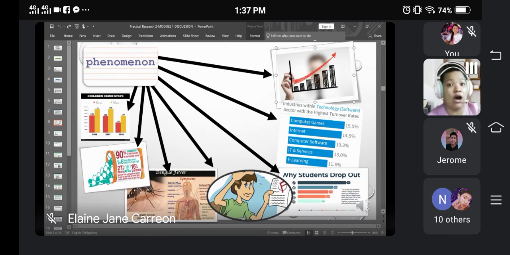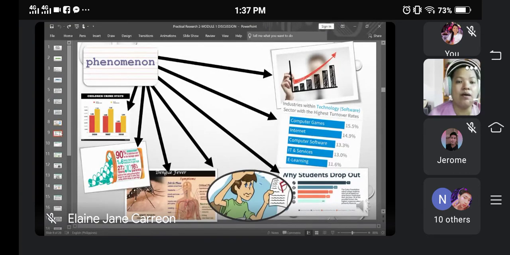Halimbawa, increase of sales, sa business yan; increase of turnover rates, sa business pa rin; increase of dropout rates, sa education yan; decrease in the number of students failing in mathematics, sa education yan; shift in the percentage of dengue patients, medicine; rise in the rate of growth of youth drug addiction; and decrease in the juvenile crime rate in the rural areas. So, yun yung example ng phenomenon na pwede mong imbestigahan o gawan ng research.